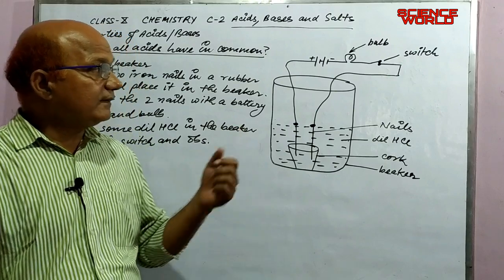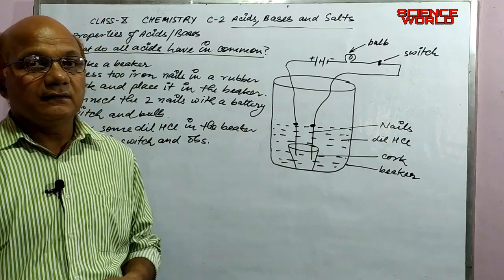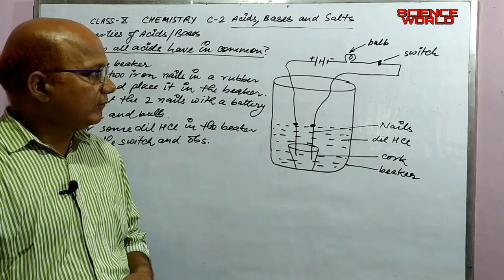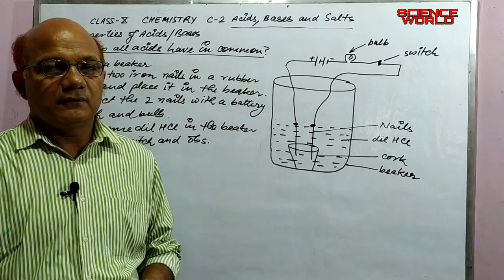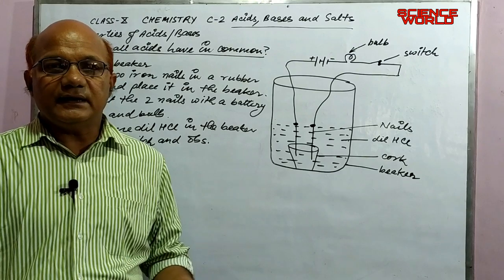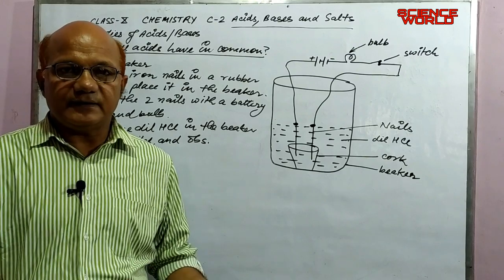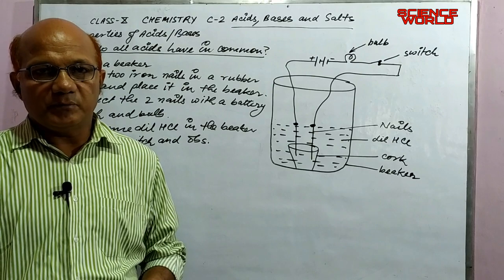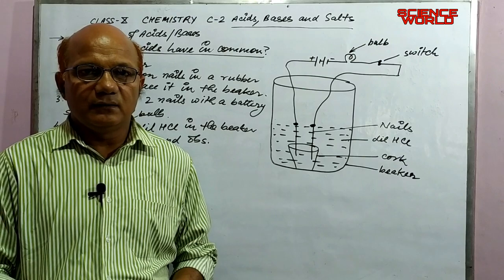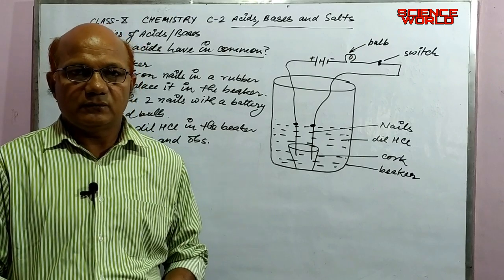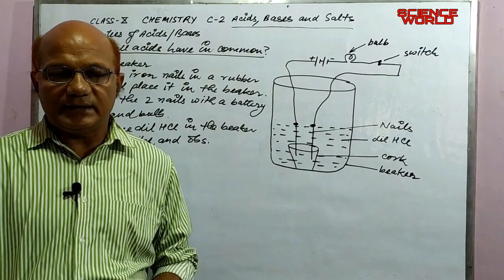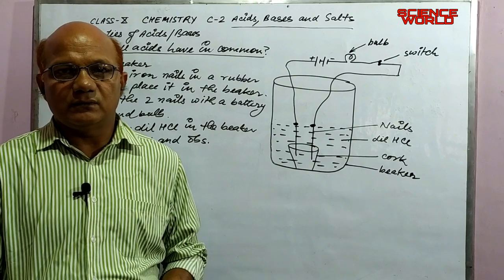Now, repeat this activity by taking aqueous solution of glucose and alcohol and then observe. What do you observe? You will observe that in the case of acid the bulb glows, but when we take aqueous solution of glucose and alcohol, the bulb does not glow. Though glucose and alcohol also contain hydrogen atoms, the bulb does not glow.